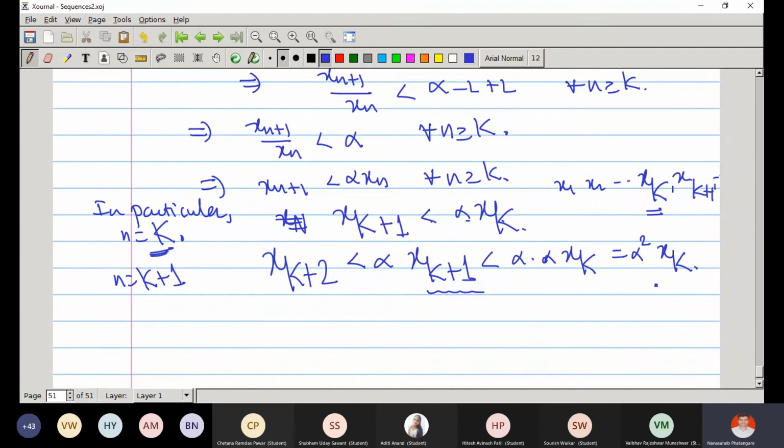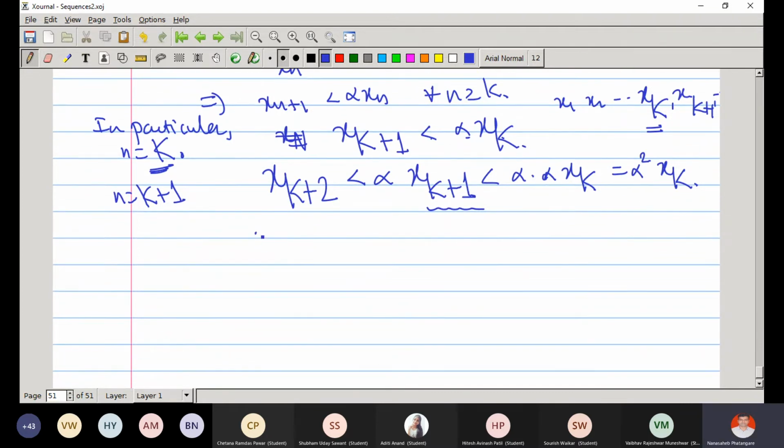Now this xk is a fixed term. Whatever it is, it is a number, because it is the k-th term of the sequence, which is a fixed number. Now what about xk plus 3? Can I say directly it is alpha raised to 3 into xk, which is a particular term?